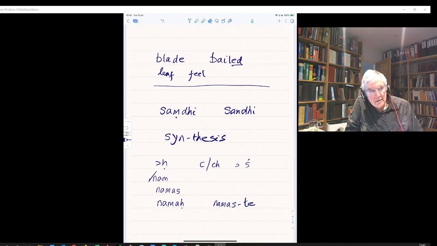Bhavami, bhavatascha, applying sandhi. Bhavami, bhavatascha. Where are you in the singular? Kutra bhavasi. Kutra bhavasi.